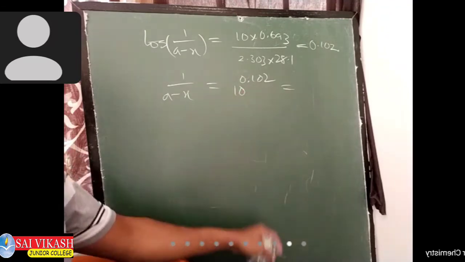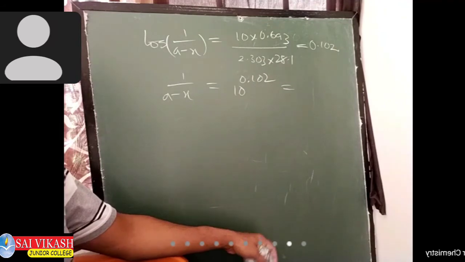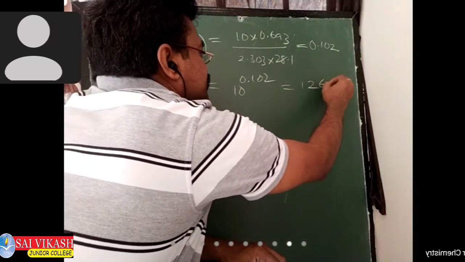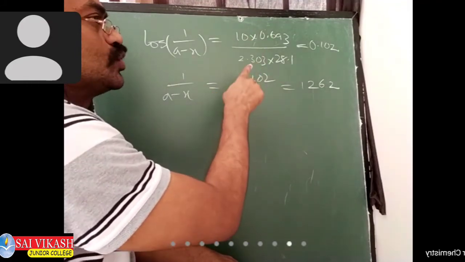How much is this value? One, 262. But here 0 point is there, means add 1, means 1.